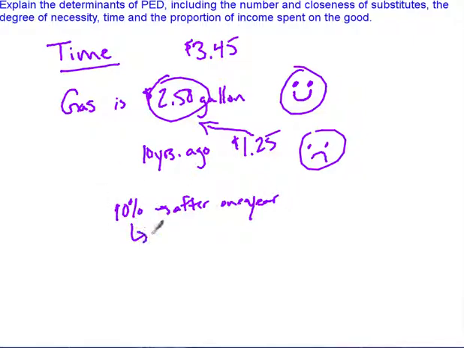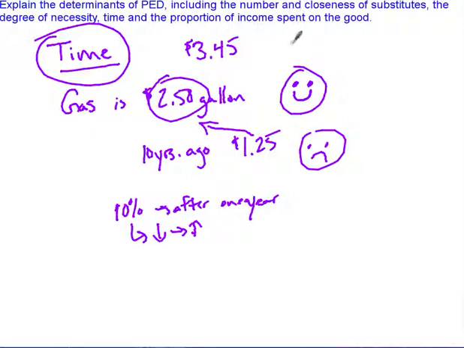Initially your purchases may go down, but over time they're going to go back up. The amount of time that's been allowed lets you adjust your spending. So the longer the time that you give it, the more elastic it becomes. The shorter the time frame, the more inelastic it becomes.